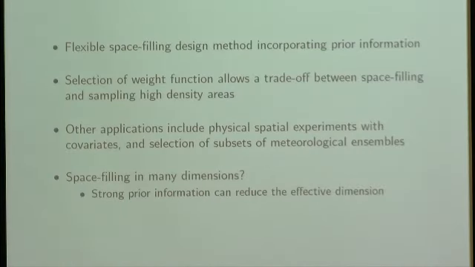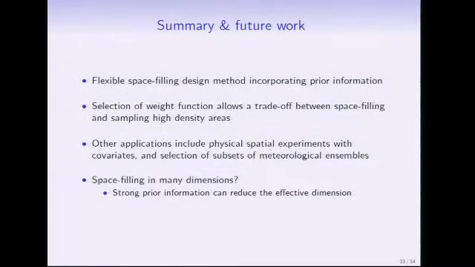Okay, so we've looked at some flexible criteria for finding space filling designs where we can incorporate this weight function, and we can trade off between trying to get areas we're really interested in and still trying to do some space filling. There are lots of other applications, perhaps including an interesting idea is looking at spatial experiments where there are perhaps covariates.